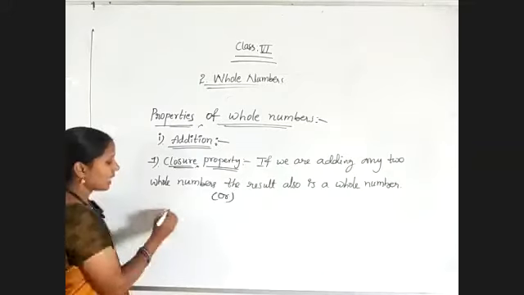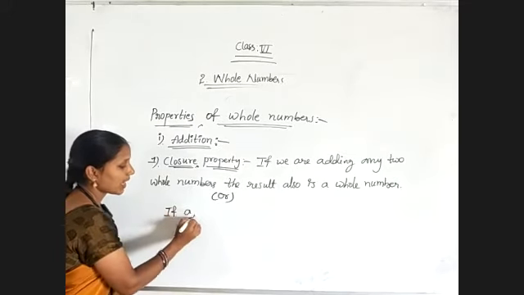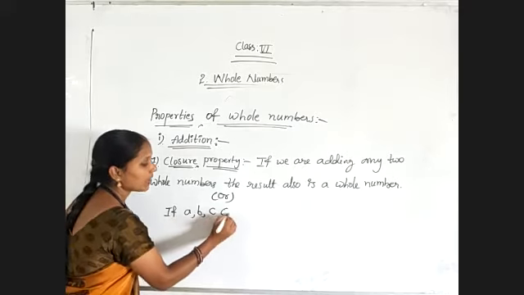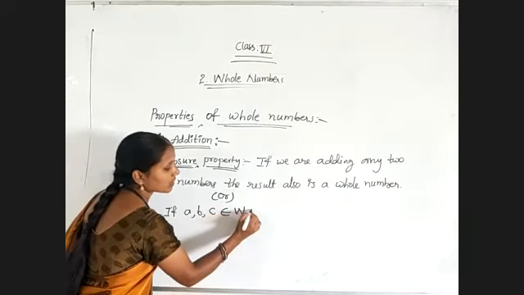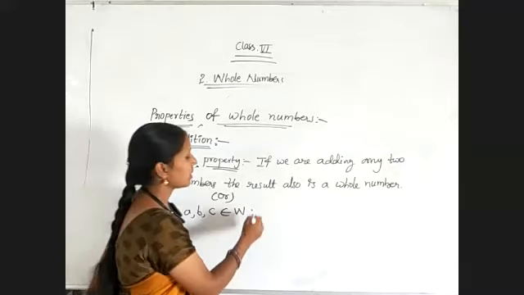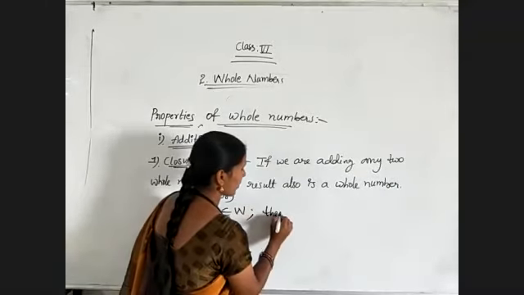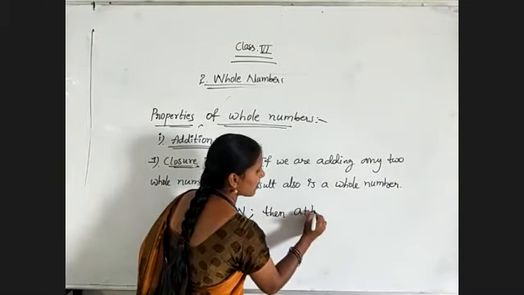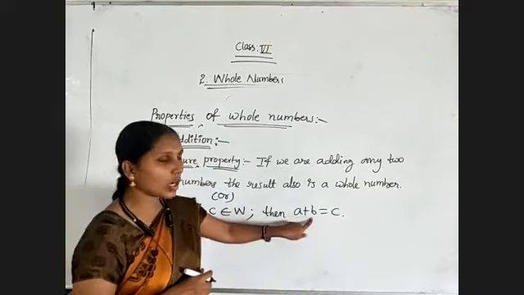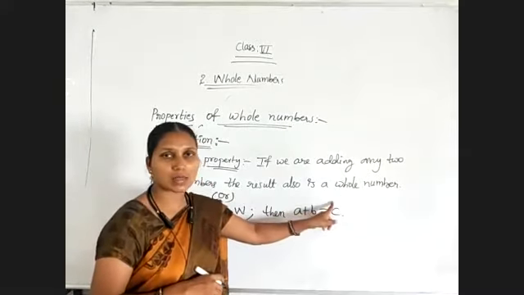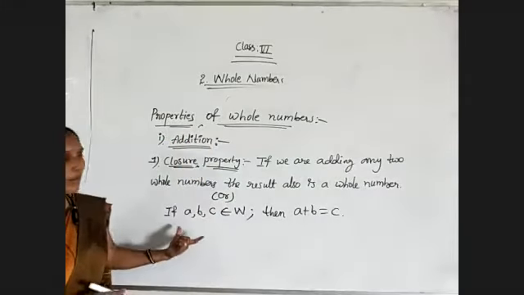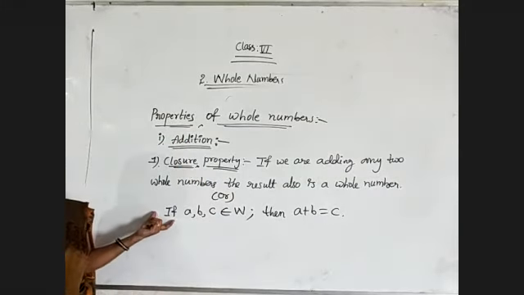In symbols: if A, B, C belong to whole numbers, then A plus B is equal to C. That means A and B are whole numbers, and the result, the sum C, is also a whole number. This is the symbolic form, and usually we will use this one only.